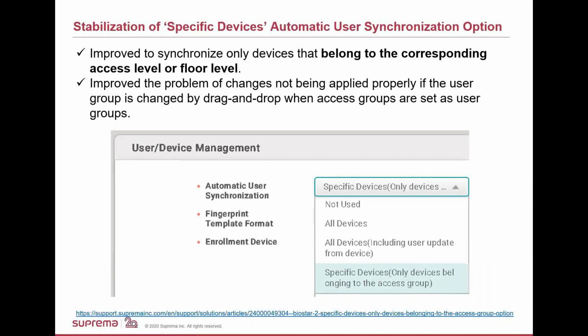We improved it to synchronize only devices that belong to the corresponding access level or floor level. We also fixed the problem of changes not being applied properly if the user group is changed by drag and drop when access groups are set as user groups. Please remember that the UI of user synchronization mode is the same as before because the improvement affects internal BioStar 2 operation.